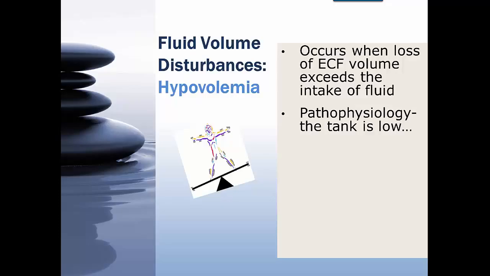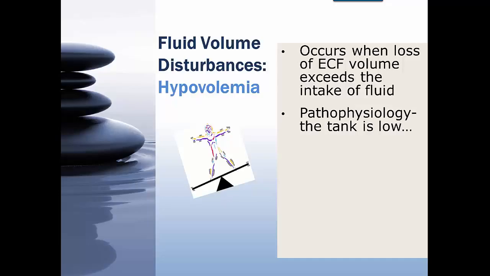Causes of abnormal fluid loss would be vomiting and diarrhea, GI suctioning, excessive sweating, decreased fluid intake, no access to fluid, and third spacing, or a fluid shift, when there is movement of fluid from the vascular system to other body systems.